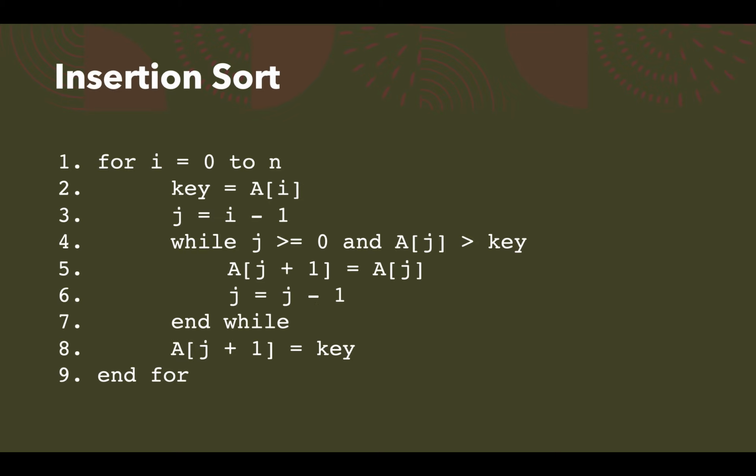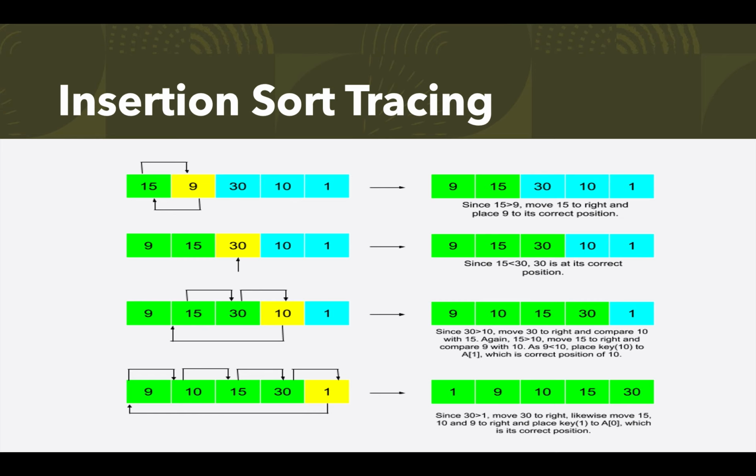So this inner loop is actually finding the position where I can insert. Once this inner loop exits, you will be ready to insert the key value at a of j plus 1, with which it gets sorted, okay. So this is the logic of insertion sort.